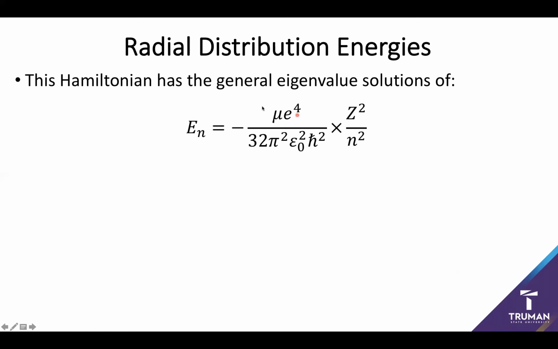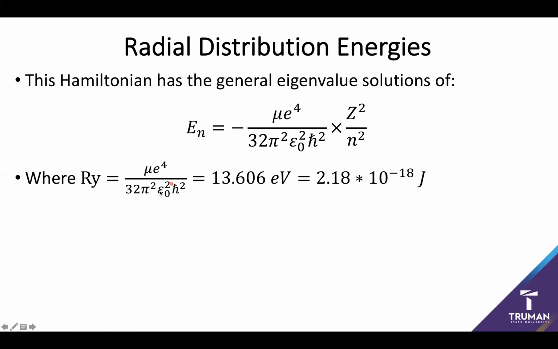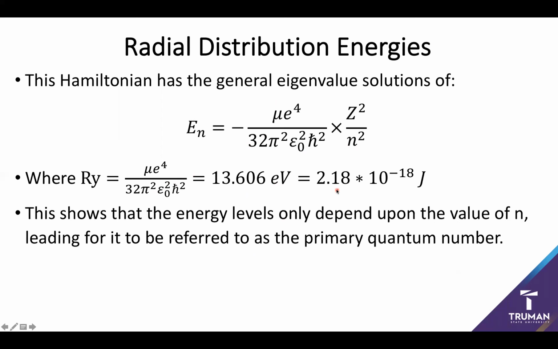So this n integer value is going to be dictating our energy levels. It's worth noting that while all these constants are going to actually collapse down to giving us a single energy value, about 13.6 eV, or about 2 times 10 to the negative 18th joules, what we're going to find is that our energy values are primarily dependent upon n. So n is really going to be our shorthand for talking about energy levels. And as such, it's typically referred to as our primary quantum number.